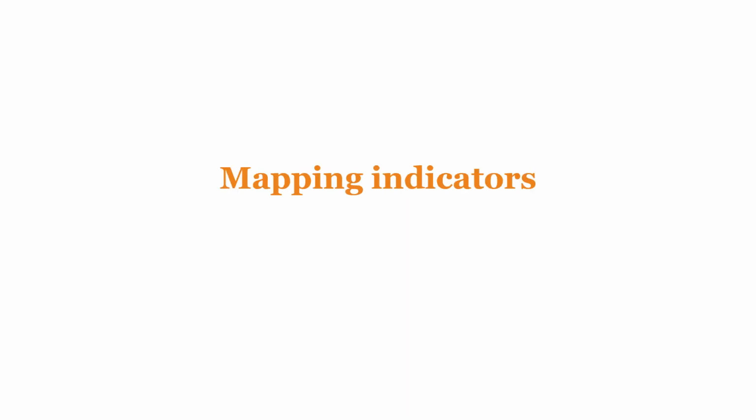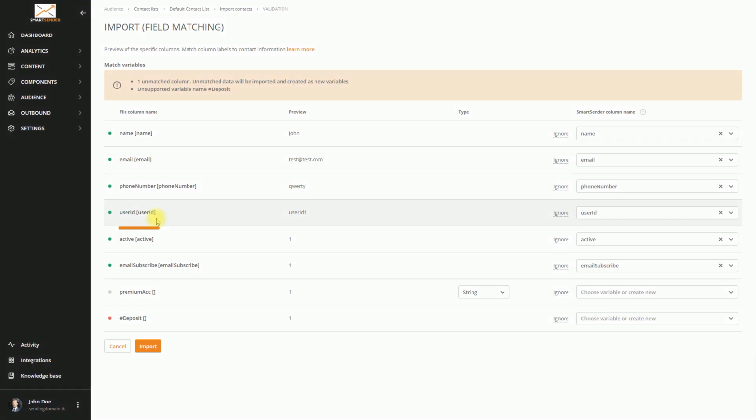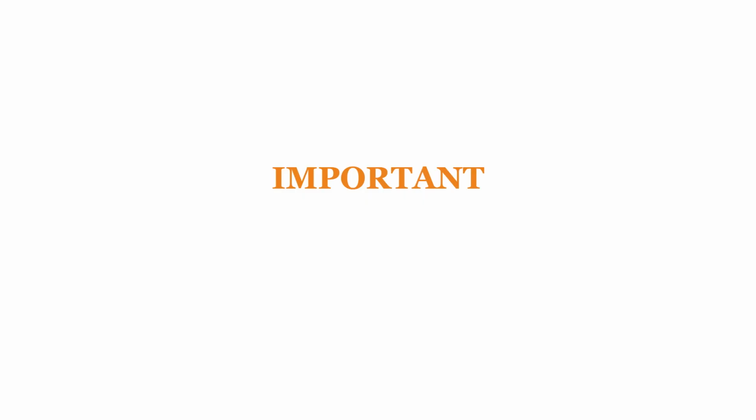Let's consider mapping indicators. A green dot means your variable has been successfully mapped to one that already exists in your contact list. A gray dot indicates that the variable has not been matched, but the header is in a valid format and can be matched manually. Unmatched data will be imported and created as new variables.